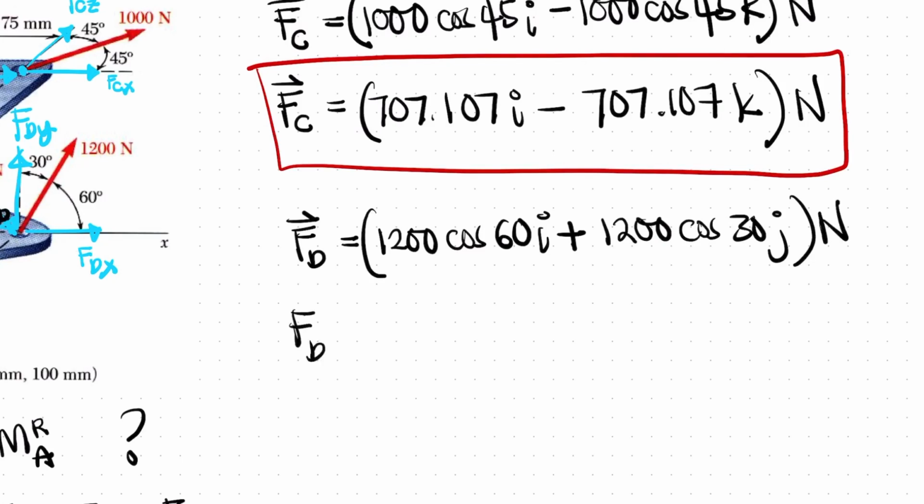So vector F_D is 1,200 cosine 60, which is 600 i, plus 1,200 cosine 30, which is 1039.23 j.